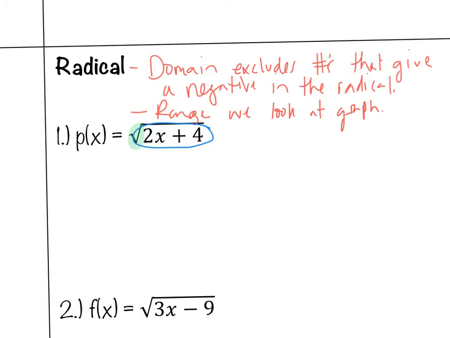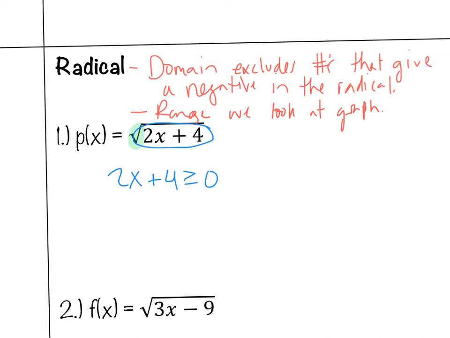Remember that radicals cannot be negative. They can't be less than 0. You could try that, do the square root of a negative number. It doesn't work. It gives you an error. So we can't have negative numbers in the radicals. So how do we determine what our domain is? We just do this basic inequality here: 2x plus 4 has to be greater than or equal to 0. Whatever is underneath there has to be positive or 0.